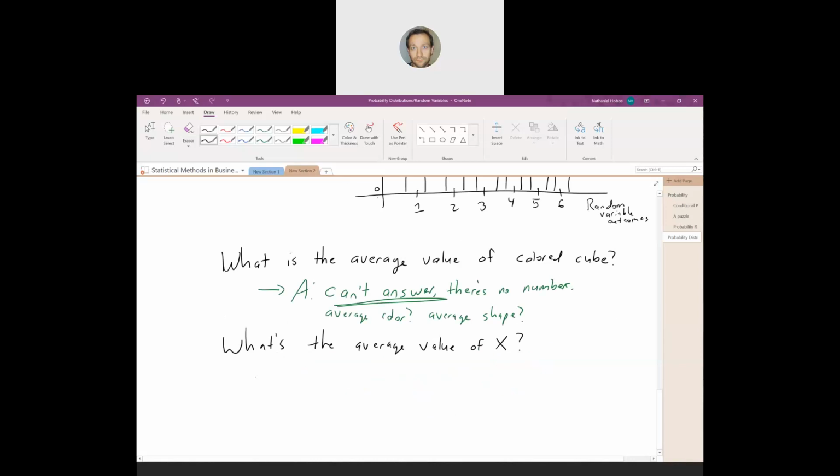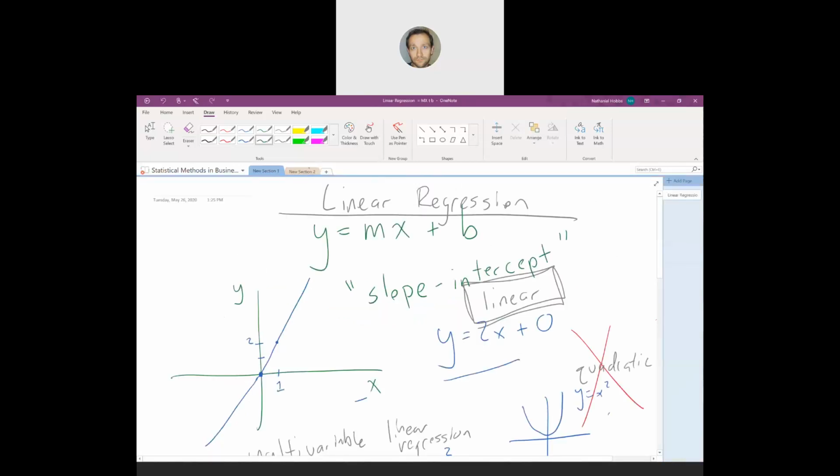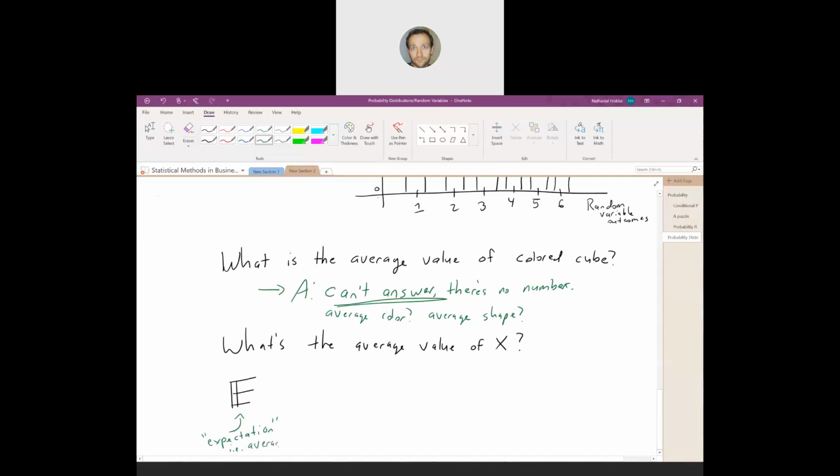Here, I'm going to write it this way. The average or mean value. Technically, it's still the probability space. I'll leave this out for now.